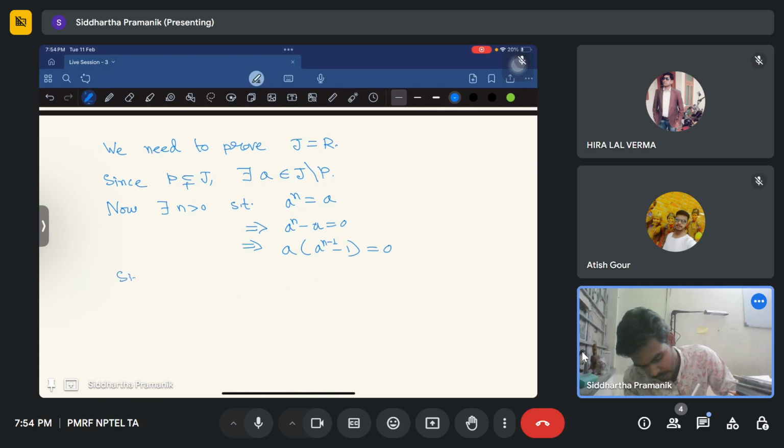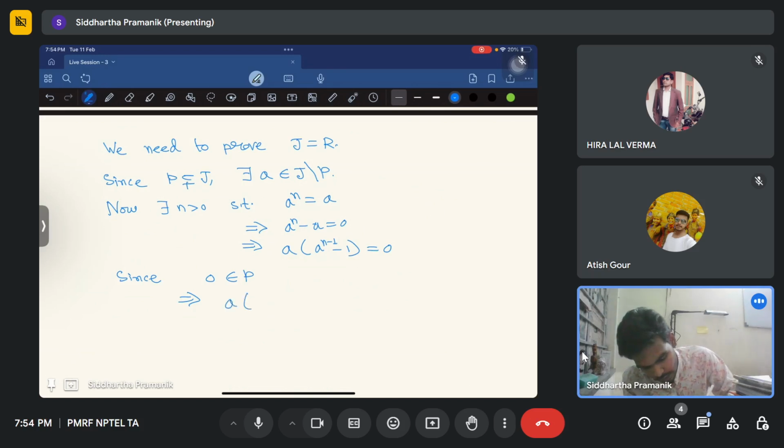Now since P is an ideal, P is a subgroup under addition. So it contains the 0 element. So 0 belongs to P. Now 0 equals this element.